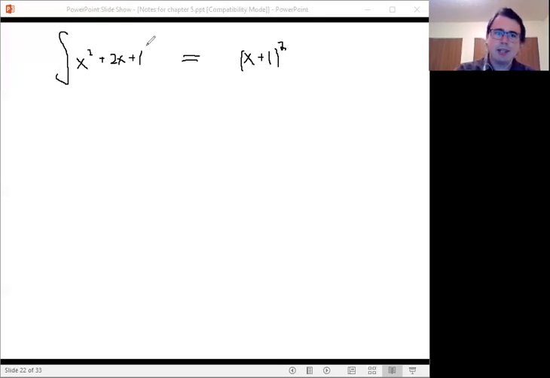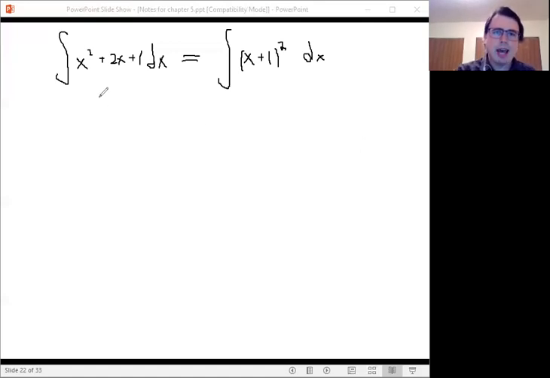So over here, I've got the integral of my function dx, and I've got the integral of my factored version of the function, also dx. These should be the same as each other, right?